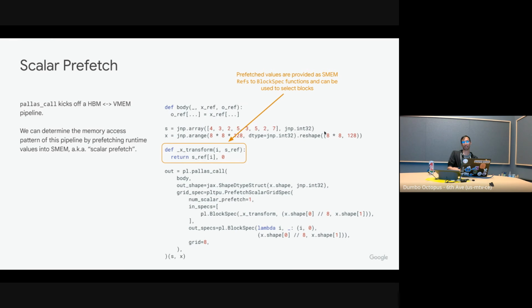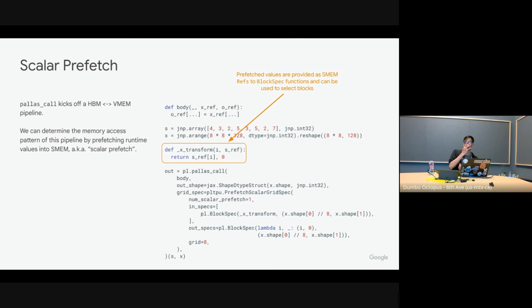So this is like a gather, and this is actually how gathers are implemented on TPU. You would prefetch the indices into SMEM, and then kick off a pipeline that does more random-like access into an array. Other than that, it looks like your regular old Pallas kernel, where here we're just doing a basic copy. So you can imagine this is a really simple gather kernel. We're doing dynamic memory access with a runtime value, and this is one of the first things we implemented to unlock more data-dependent computation.